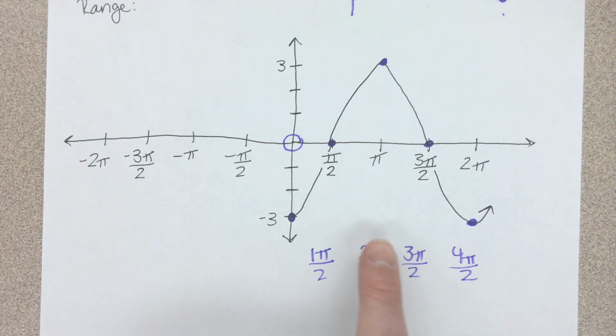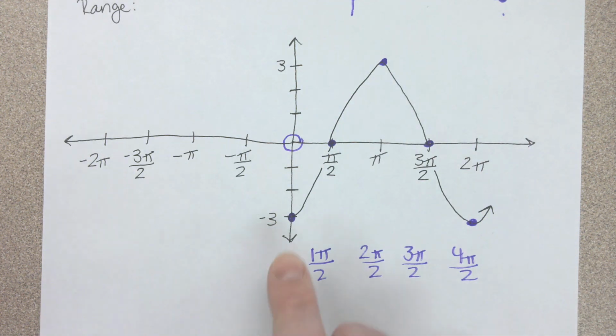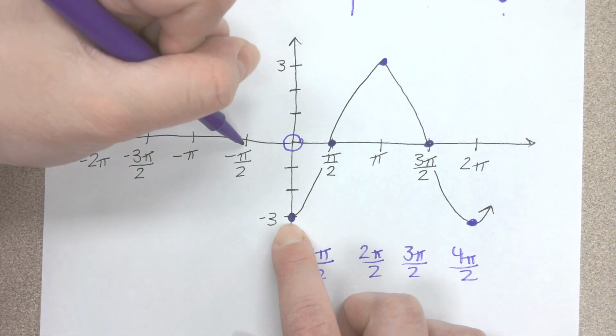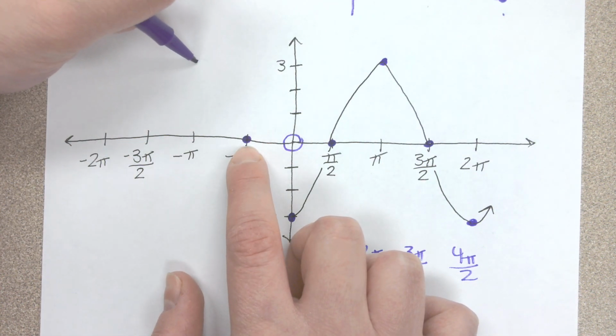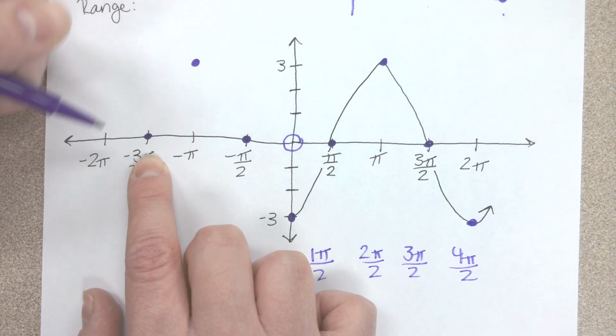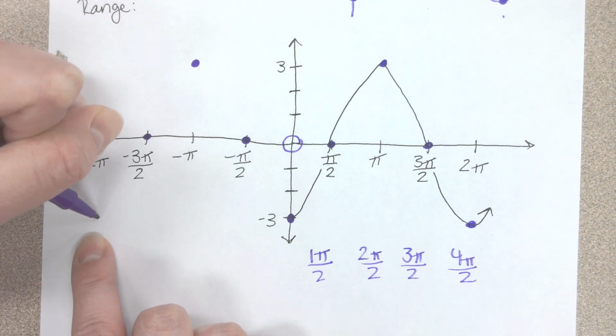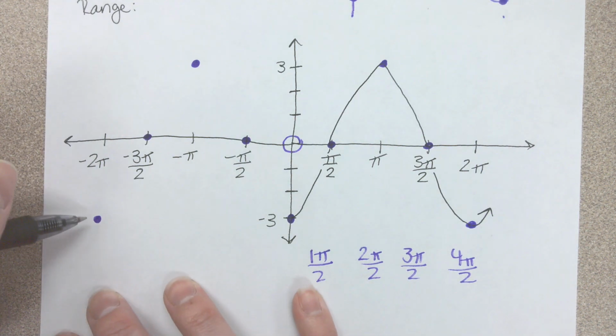Again, cosine truly mirrors itself, so we're going to do the exact same pattern on the left side of the graph. We're going to go back up to the midline for the first interval, up to the maximum for the second interval, back down to the midline for the third interval, and back down to the minimum for the fourth interval. And sketch our curve.